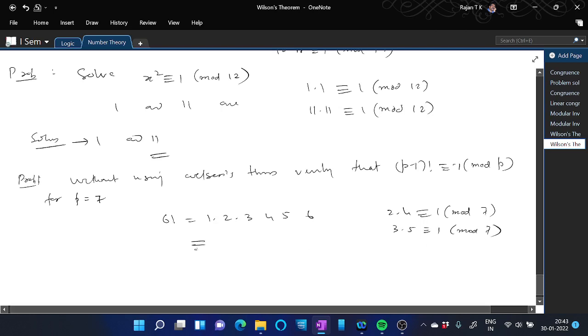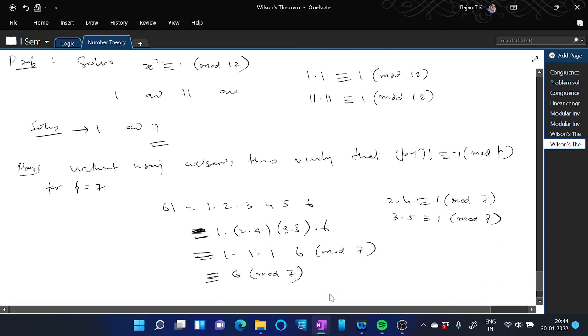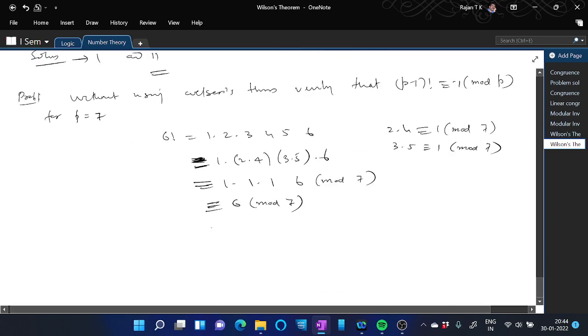Therefore this is congruent to 1 into, by pairing, 2 into 4, 3 into 5, into 6, which is congruent to 1 into 1 into 1 into 6 modulo 7, which is 6, congruent to 6 mod 7, and it is the same as congruent to -1 mod 7.